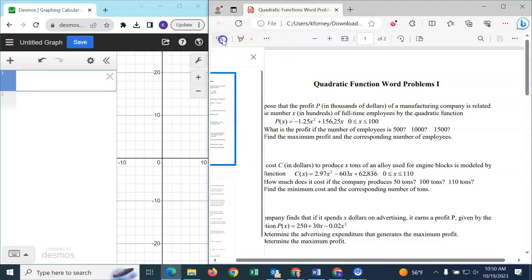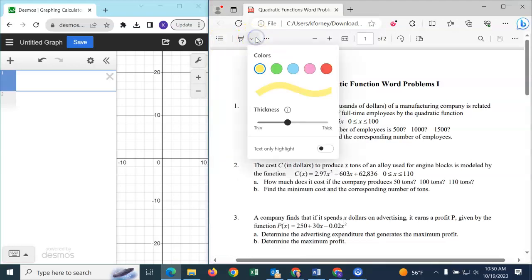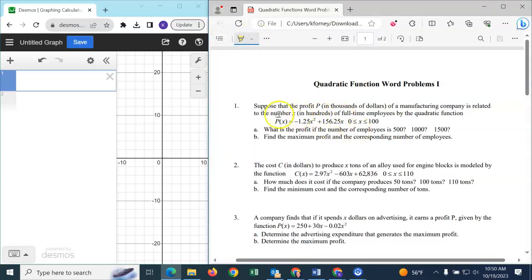So if it is telling me that my X is in hundreds, then when it gives me 500, 1,000, and 1,500, we're going to use our X as X equals 5, X equals 10, and X equals 15.